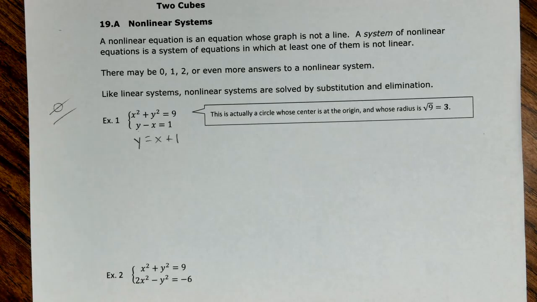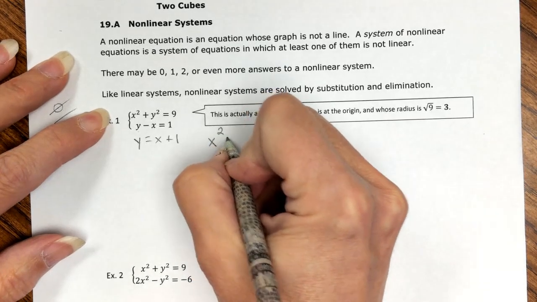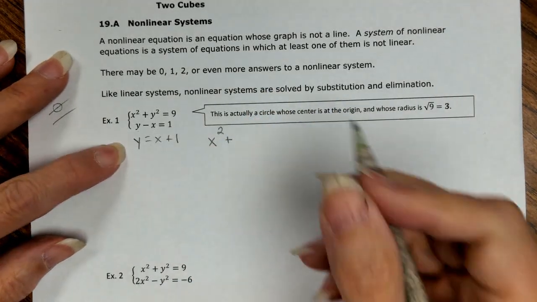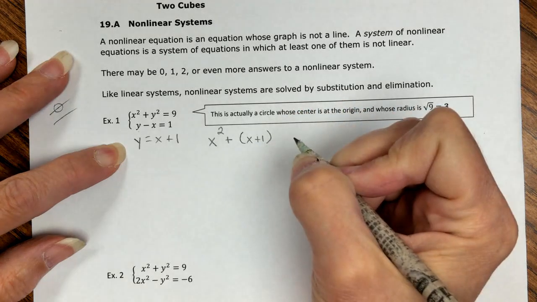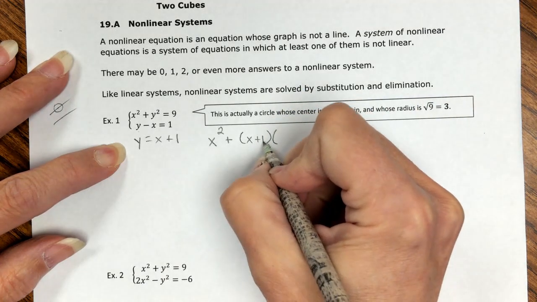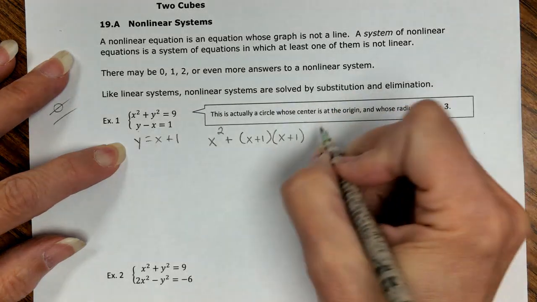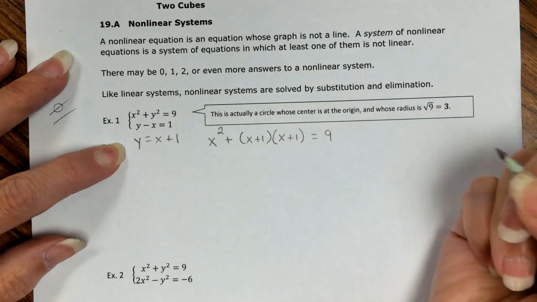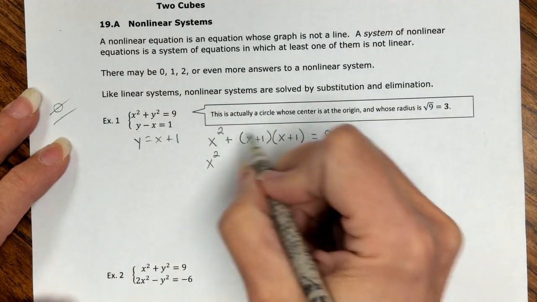Okay, so then we're going to substitute that into the first equation, which means we have x squared plus, and instead of y, I'm writing x plus 1. And so that I don't forget to square it and actually FOIL, not just square the x and square the 1, I'm going to write it twice. And then that equals 9. Okay, so we have that x squared, and then we FOIL this.